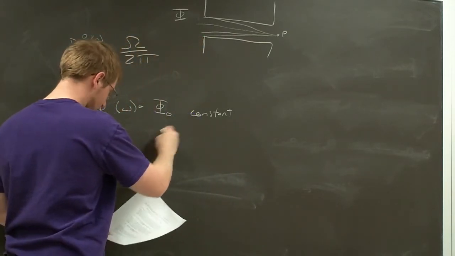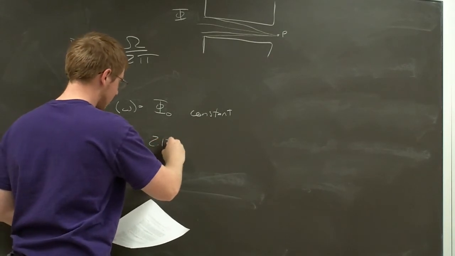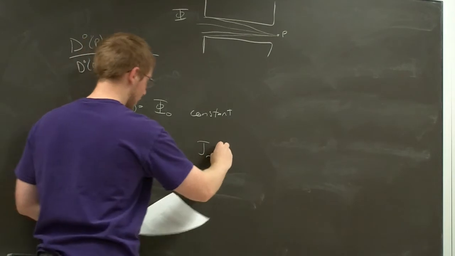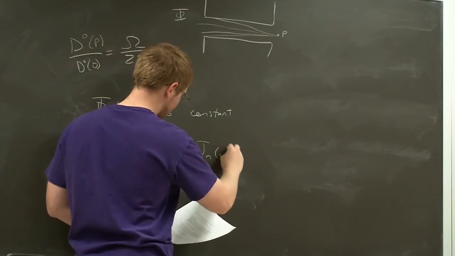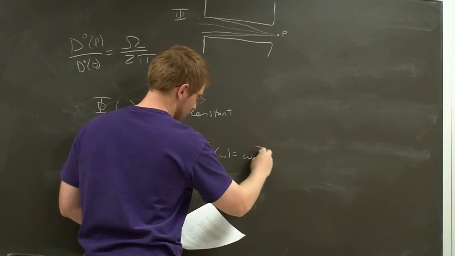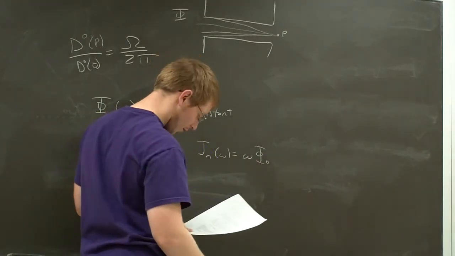If you remember way back, equation 2.17, chapter 2 talks about the flow. J sub n of omega is equal to omega times fluence naught.